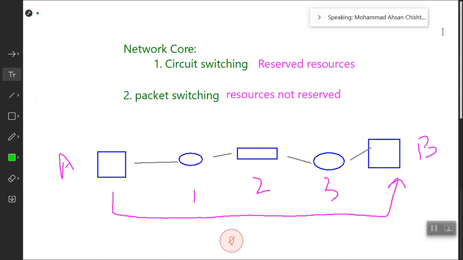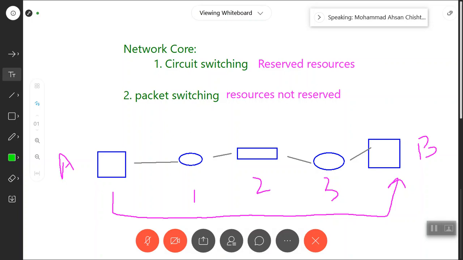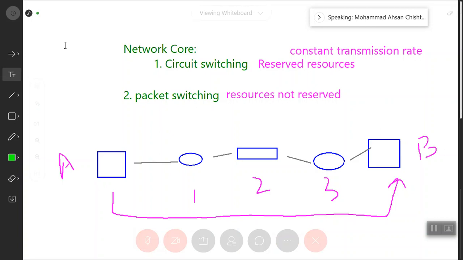It cannot be lower than that. It means you would have a reserved bandwidth, what we call a constant transmission rate. Again, this is associated with circuit switching.